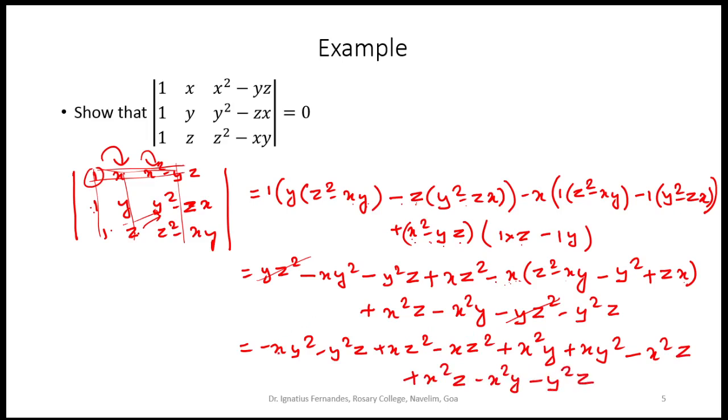Okay, so you can just cancel out whatever terms you can cancel, like here minus xy square, and I have a plus xy square, so you can cancel this minus xy square with plus xy square. Then I have minus y square z, and you have plus y square z.